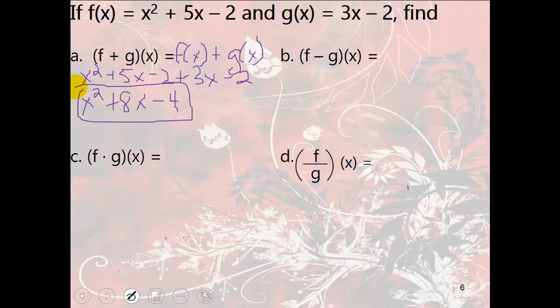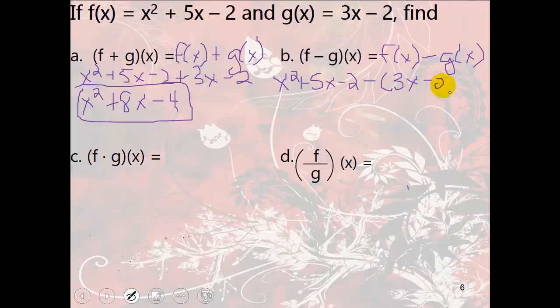Now I can make a new function by subtracting these two. I'm just going to take f of x and then subtract off g of x. That's all it means. This is the function f minus g of x. So I'm going to take f of x, x squared plus 5x minus 2, and subtract off 3x minus 2.